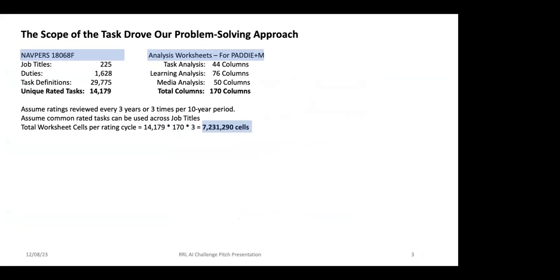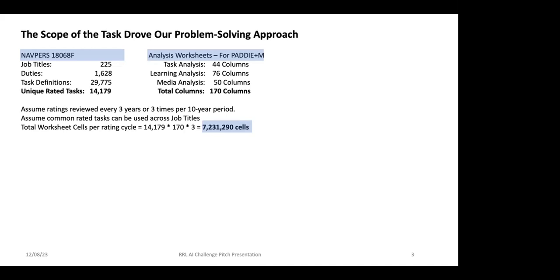We looked at this challenge as building a proof of concept to show how we could efficiently generate all of the ADDI documents that would be needed for this. We had 5 different documents from the GFI. We had 3 worksheets that we're going to focus on here: task analysis, learning analysis, and media selection. And we also had a couple of other documents, the IPRD and the IMRD.